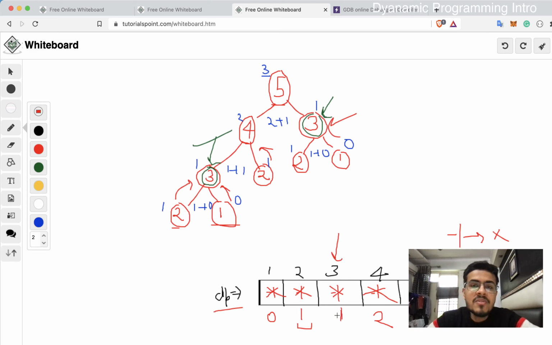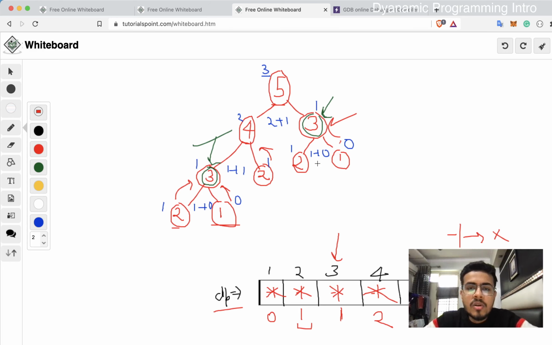It is a value other than -1, and the value is equal to 1. It means that I have already calculated the value of the third Fibonacci number. And as I have already calculated it, there is no need to go further down in this tree. So I will just find the value at DP of 3.